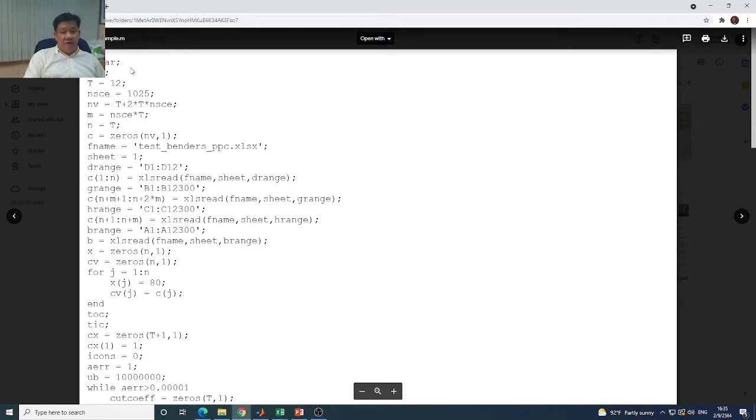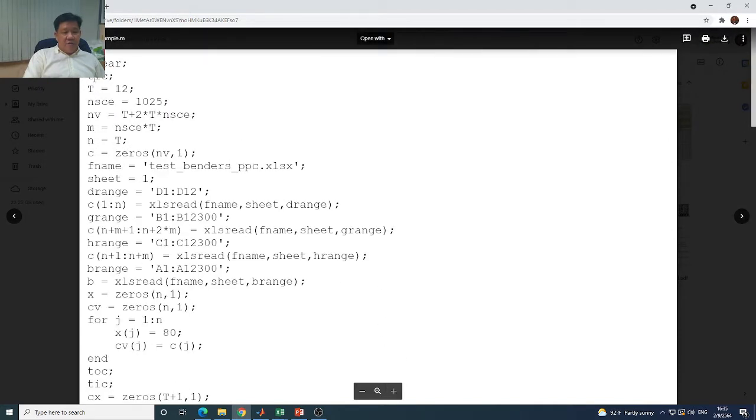We start solving a new problem in the first line, and then we start to count the time tick, measuring the seconds of processing from here. T is now the number similar to the small n in the model. It's the number of periods. In this problem we have 12 periods, and NSCE is an abbreviation of number of scenarios. In this case we have 1025 scenarios.